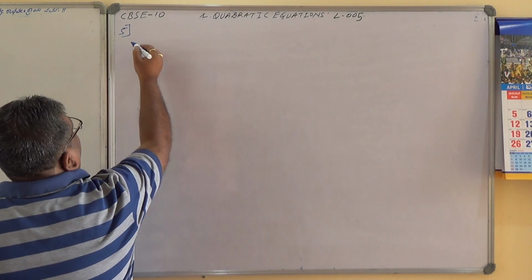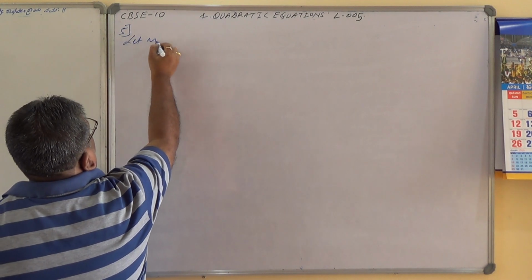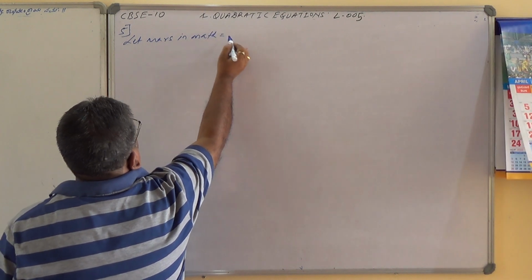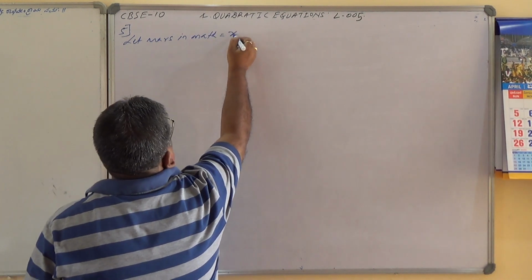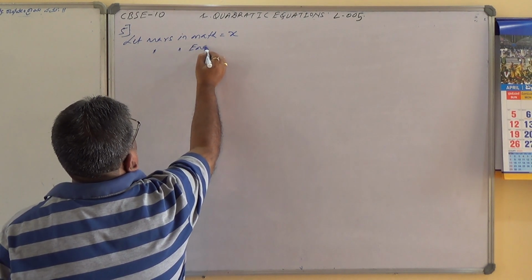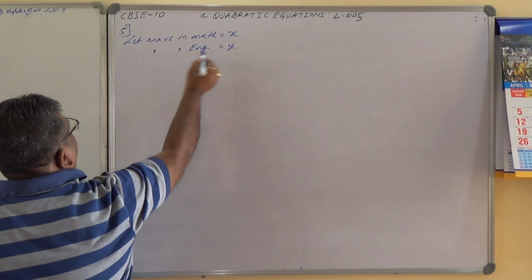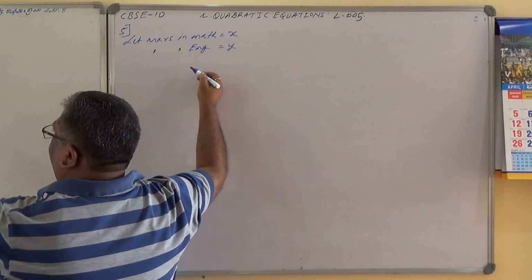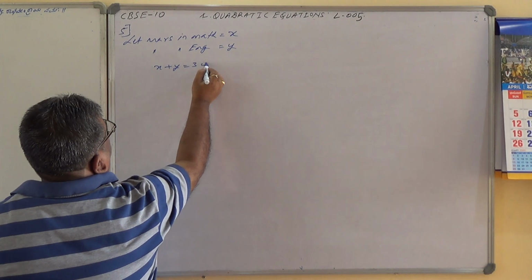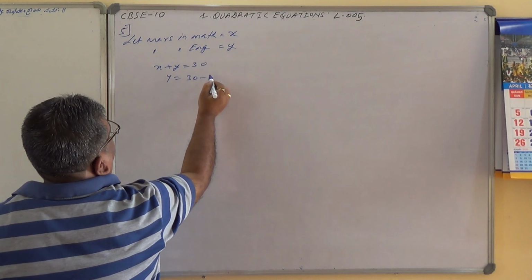Marks in maths. Let marks in math be x, marks in English be y. Sum is x + y = 30. Therefore, y = 30 - x.